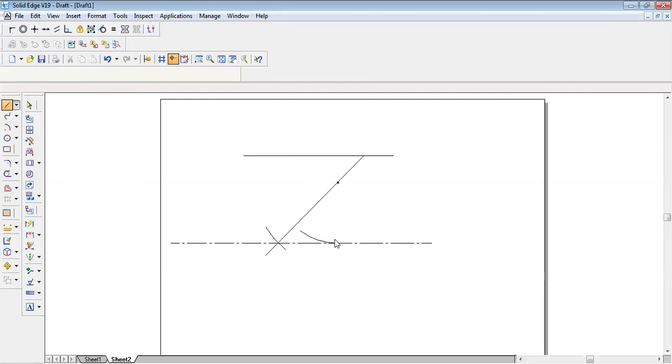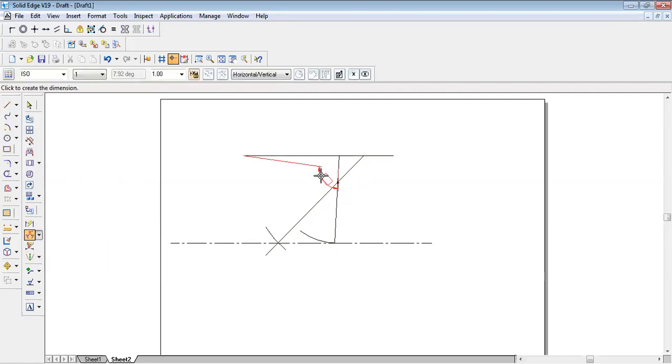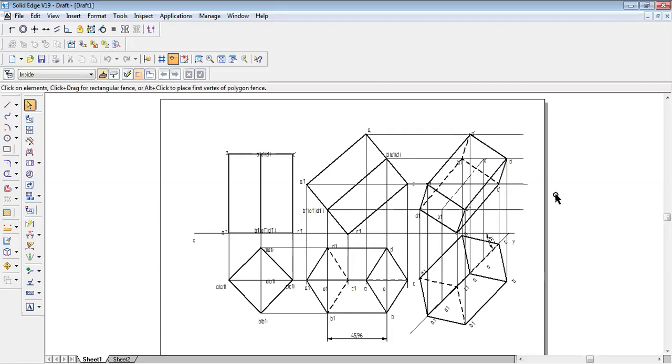Wherever it cuts, just join from here and from here, and just measure this angle like this. Okay, this will be the beta angle. Whatever beta angle comes, that angle you take at the final view. So just put that beta angle here and complete the problem the same way.